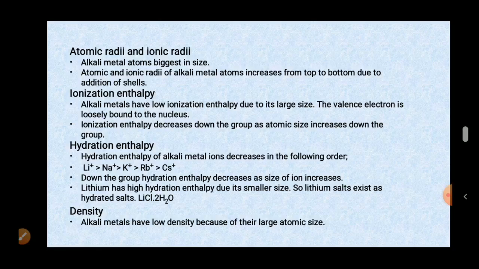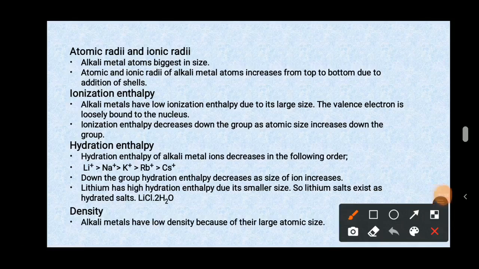If I consider the ionization enthalpy of group 1 elements and group 2 elements, group 2 being the alkaline earth metals, the ionization enthalpy of group 2 elements is more compared to group 1.